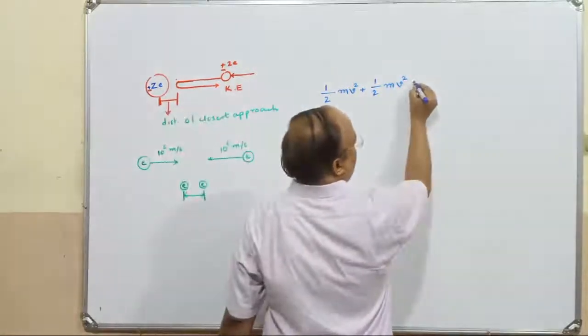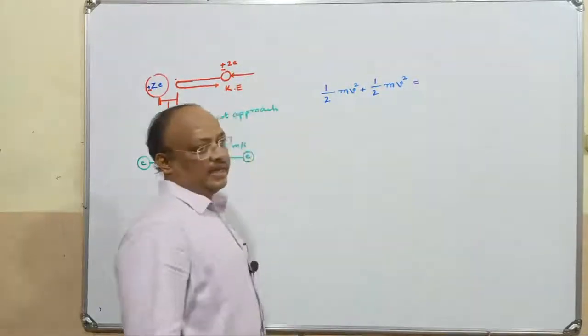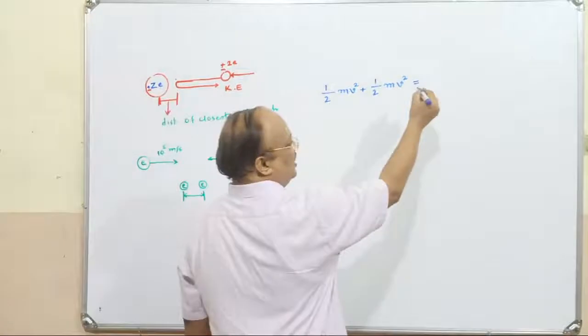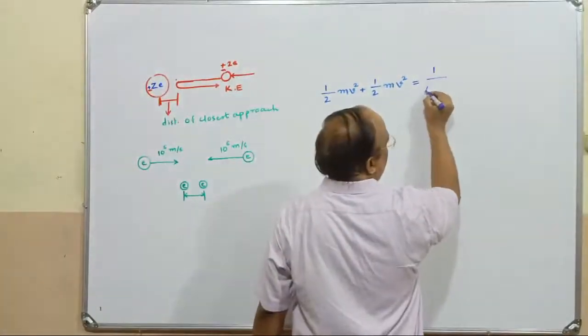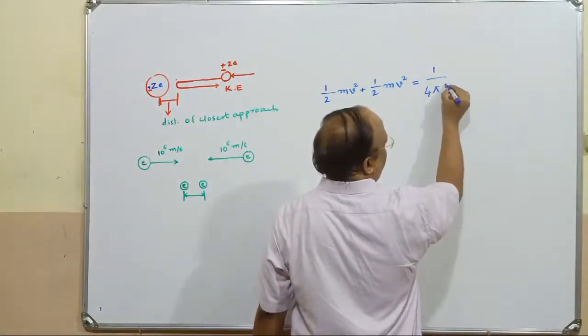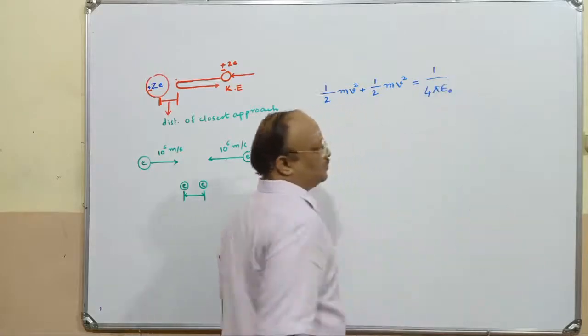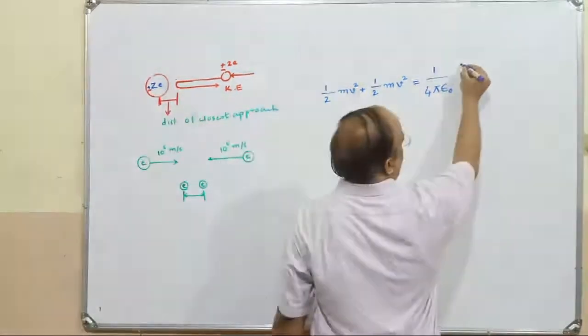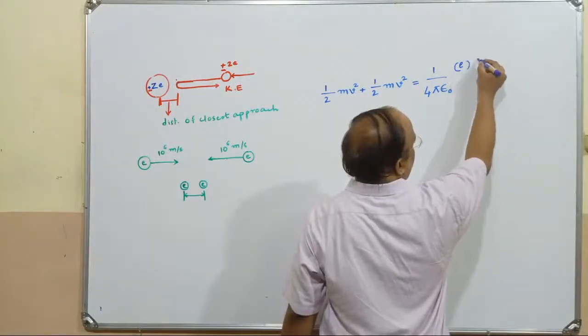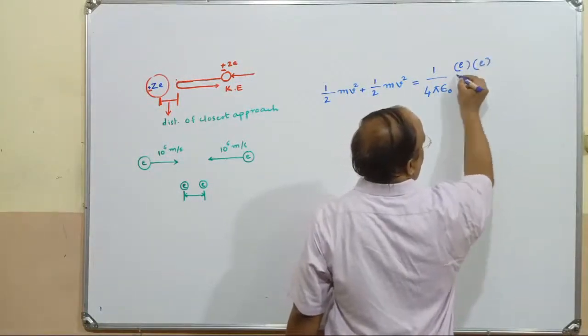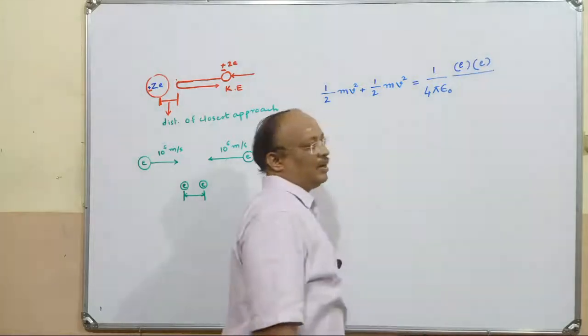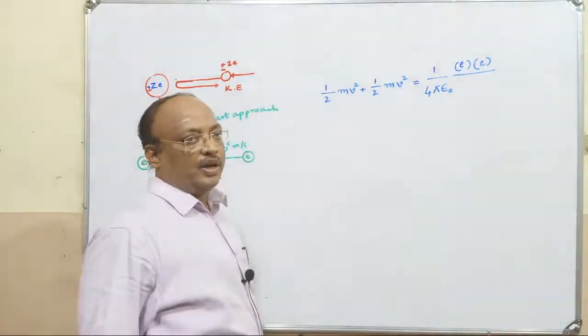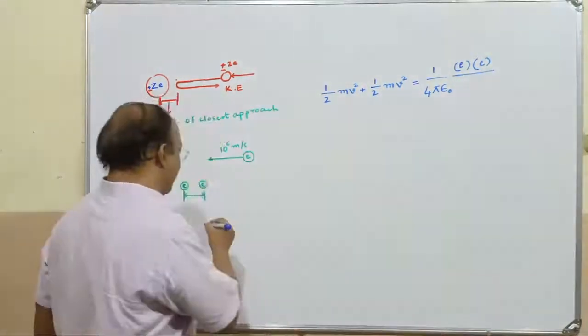This kinetic energy has converted into potential energy, which is 1/4 pi epsilon naught, charge of e times e, divided by how far?